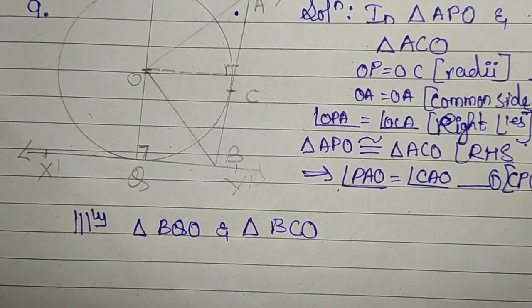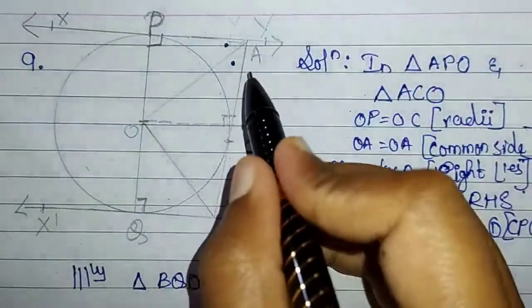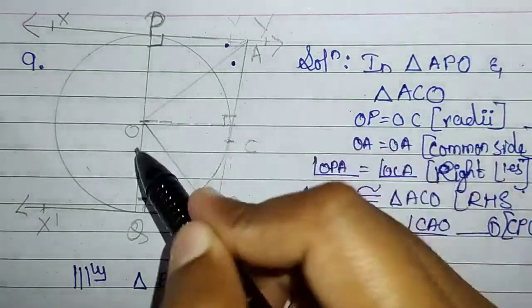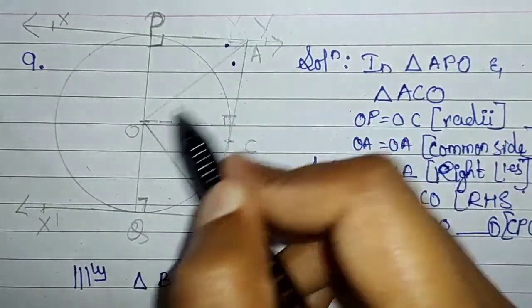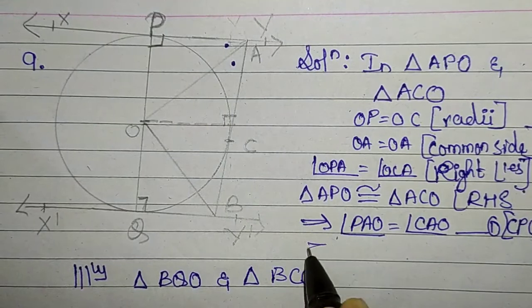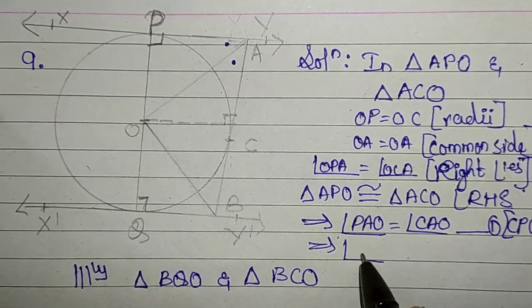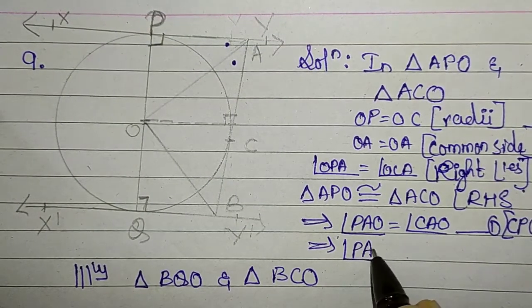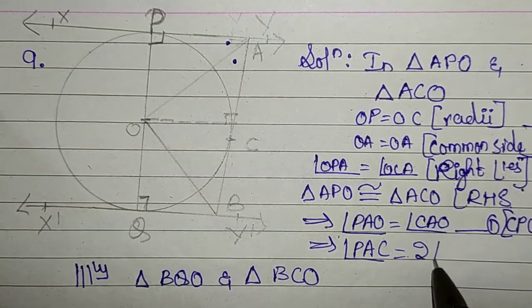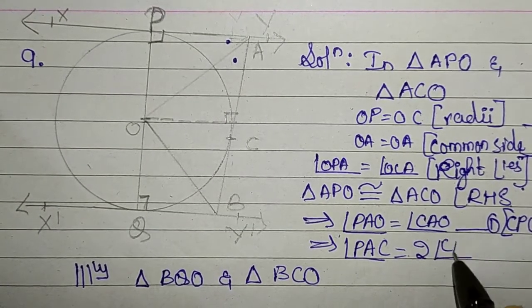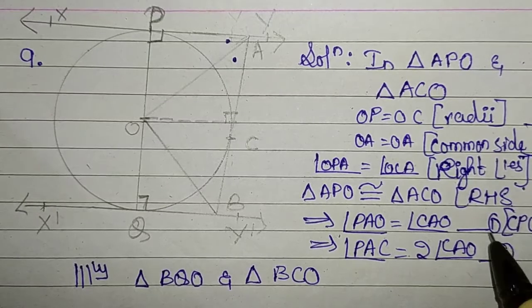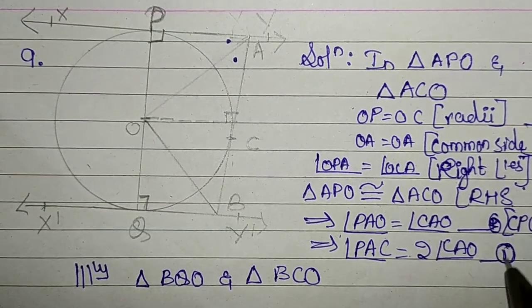But before that, since these triangles are congruent, that is CAO is equal to PAO, I can write angle PAC is equal to 2 times angle CAO. This is my result 1.